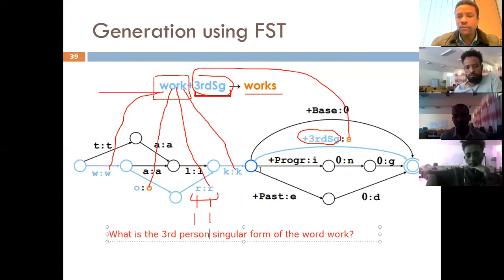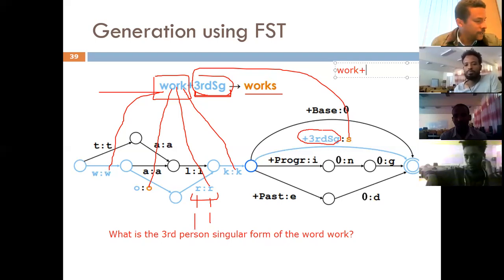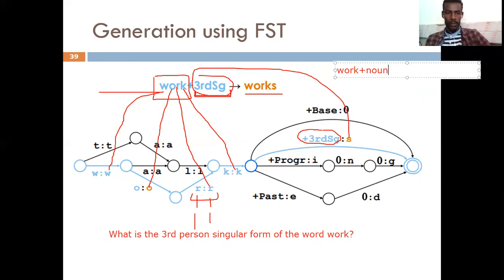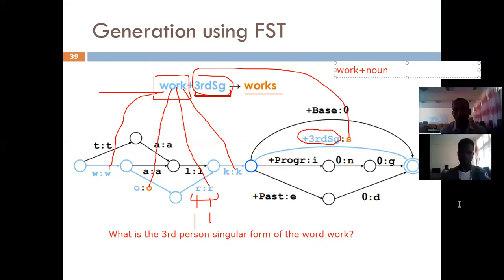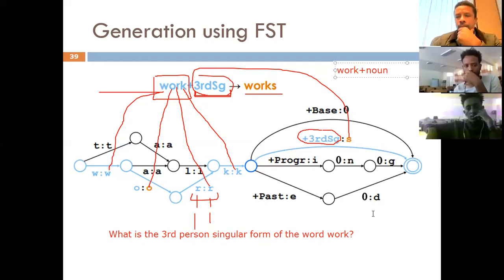What if you have such kind of an input? Works below, no, work below. Let's say give me the noun form. What's going to happen if I say work plus noun below? Martha. Yes, doctor. What's going to happen if I say work plus noun?